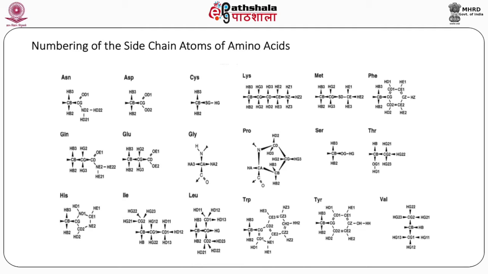Then C delta closes on the nitrogen. We have the simple glycine residue. It has Ca and its 2 hydrogens are labeled as Ha2 and Ha3.